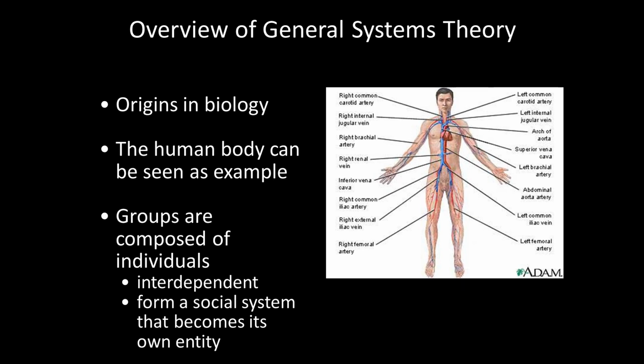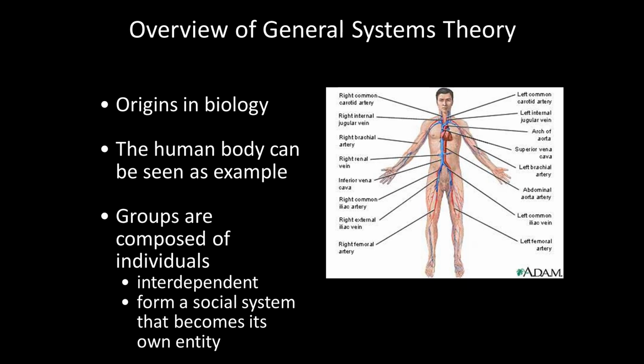And all of these systems have their own tasks and do their own thing. However, they also work together as a larger system, which is the body as a whole.